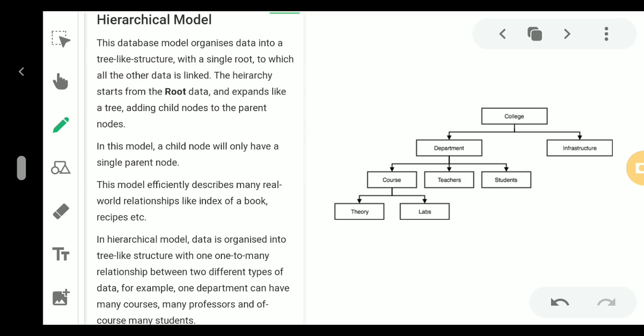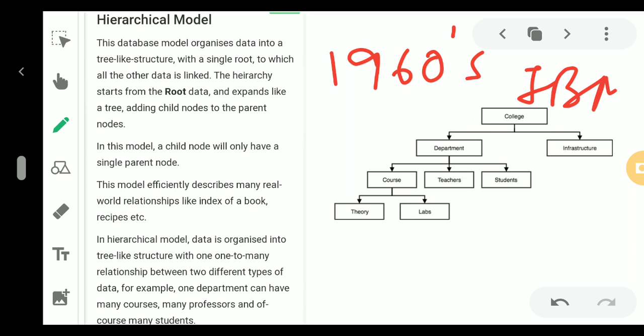This model is the oldest database model, created by IBM during the 1960s. Remember, it was created by IBM in the 1960s. Here the records are logically organized into a hierarchical relationship.